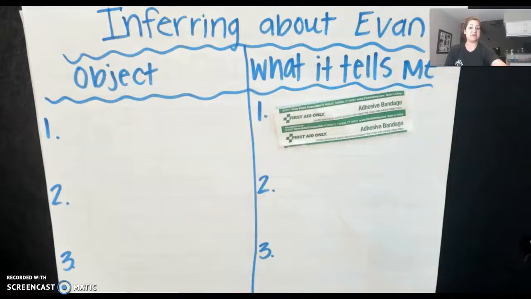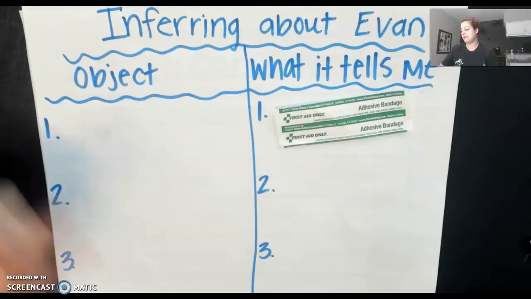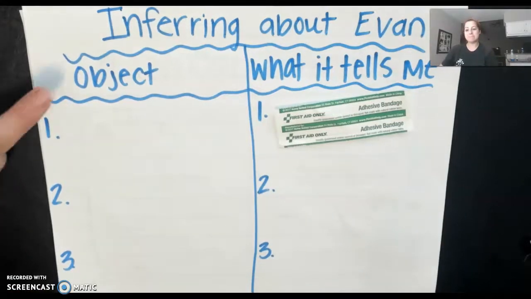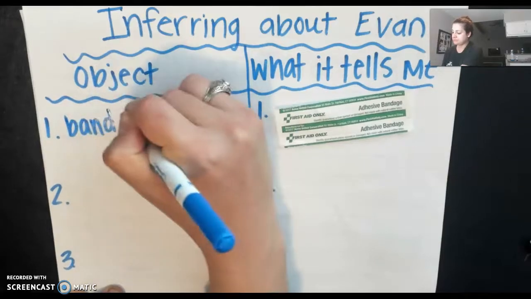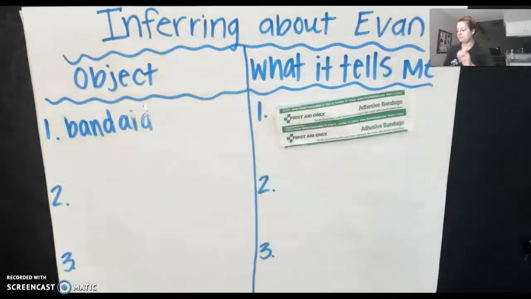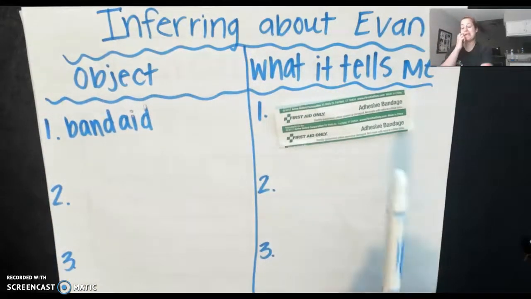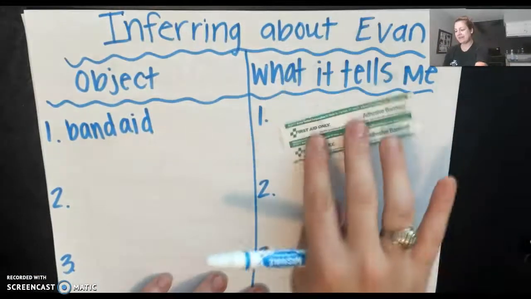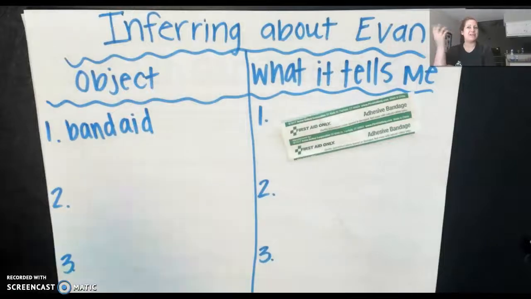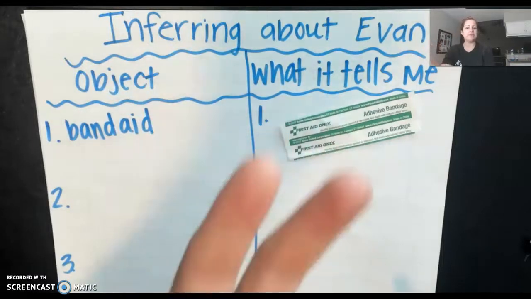My clue is this Band-Aid. I'm going to write that for number one, object: Band-Aid. So now, that's my clue, right? My clue. So now I need to use my schema, what I know about Band-Aids, to make an inference.